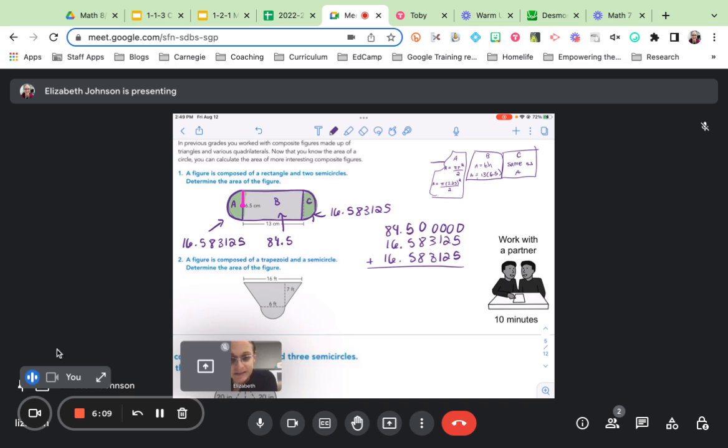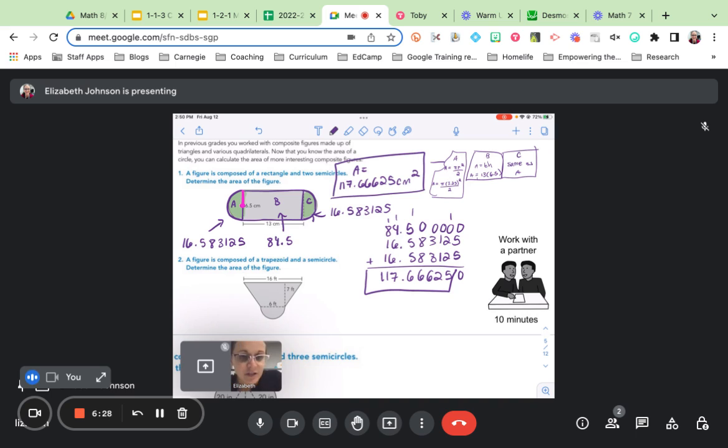All right, let's add. Great. So here's our final area of the shape. And I'm going to write it with its units, 117.66625 centimeters squared. That's our final answer here.